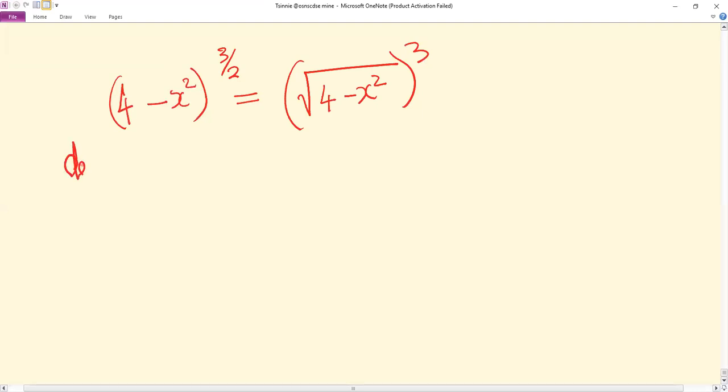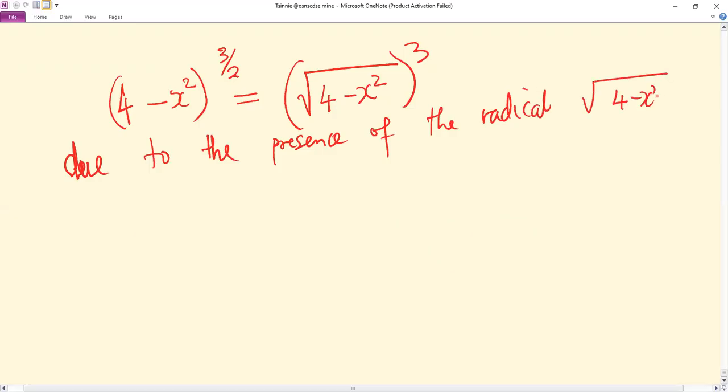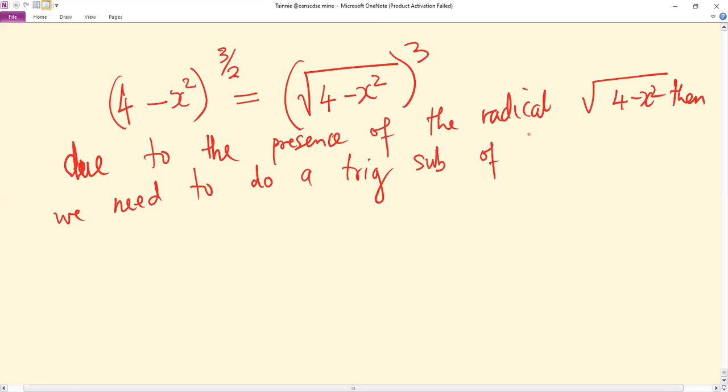So you say, due to the presence of the radical, we need to do a trigonometric substitution of the type x equals a sine theta, because this expression is of the form a squared minus x squared.